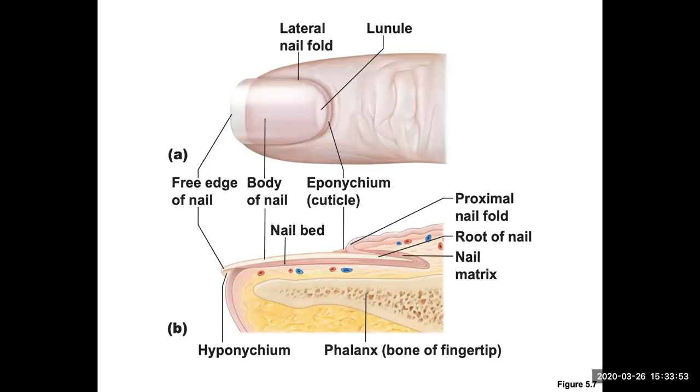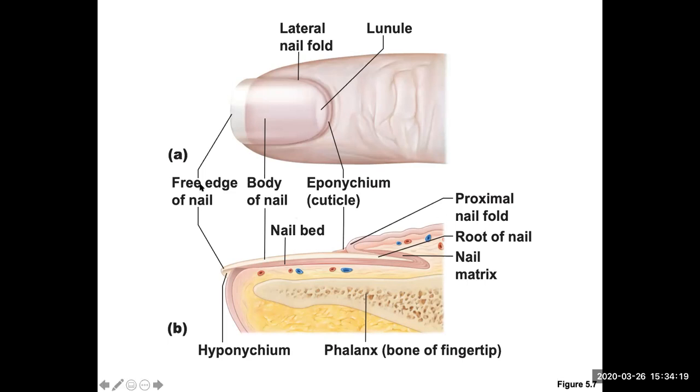Eponychium is your cuticle, and the hyponychium is where the nail attaches to the nail bed at the distal tip of your finger, okay? So the eponychium is your cuticle, and the hyponychium underneath is where your fingernail attaches to the nail bed at the very tip of your finger, okay?